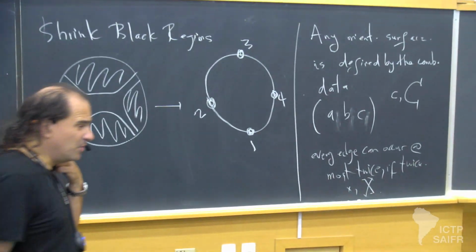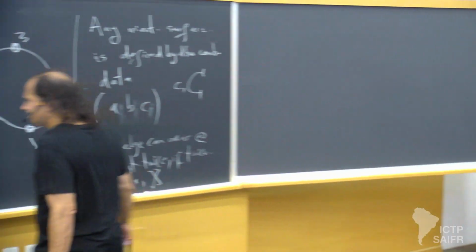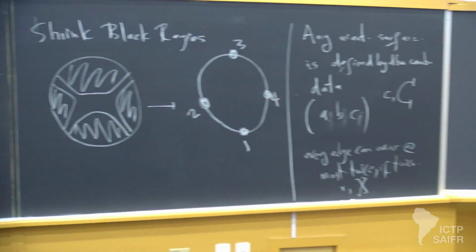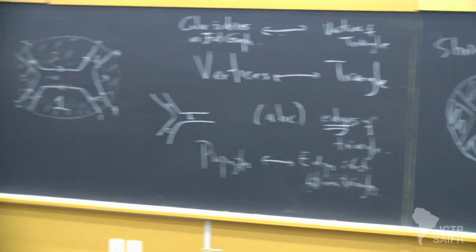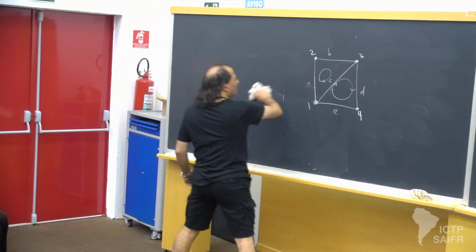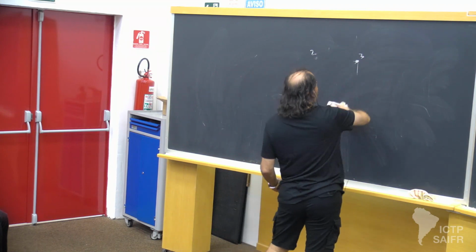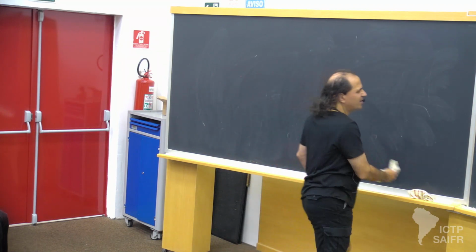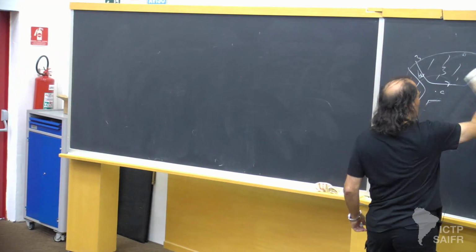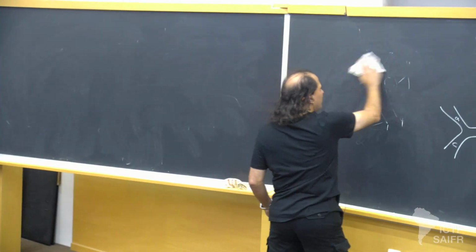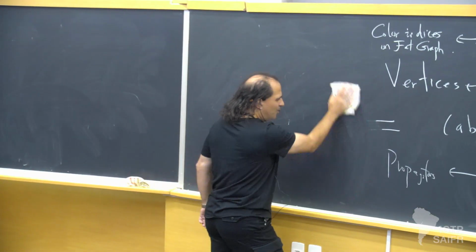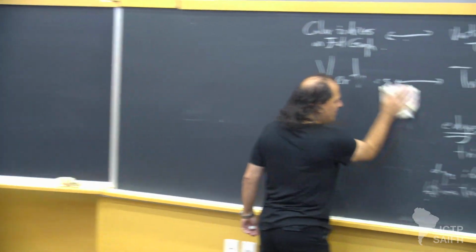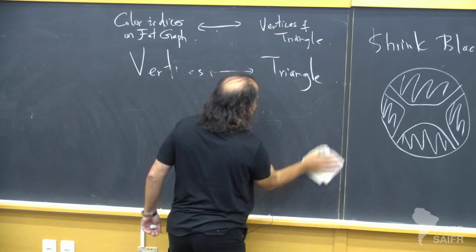All right, so our fat graphs are associated with surfaces. The normal way we talk about them is we draw the fat graphs on surfaces, but we're now going to take the point of view that a fat graph defines a surface as well.